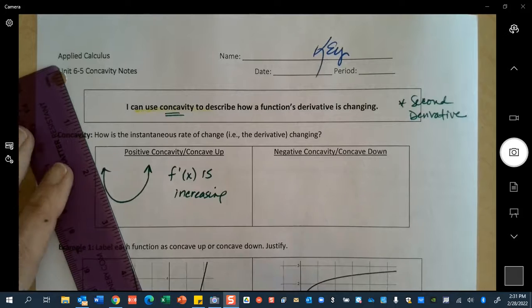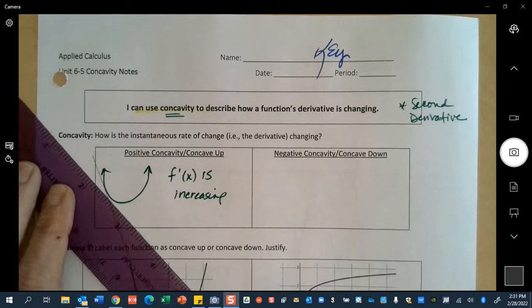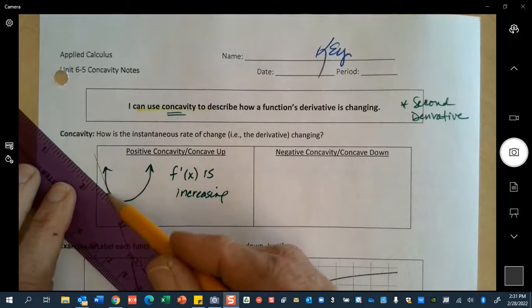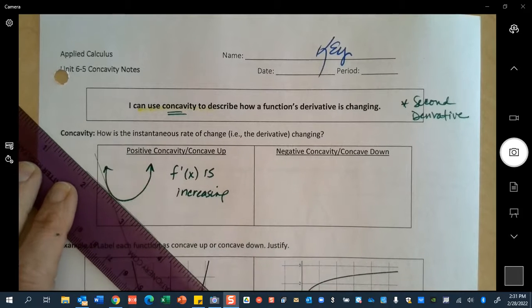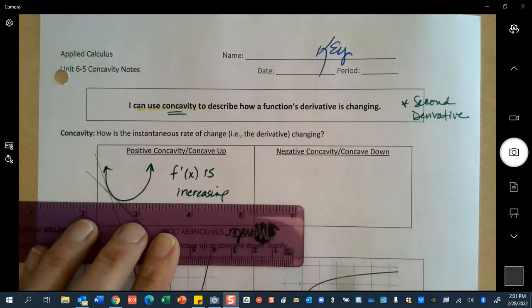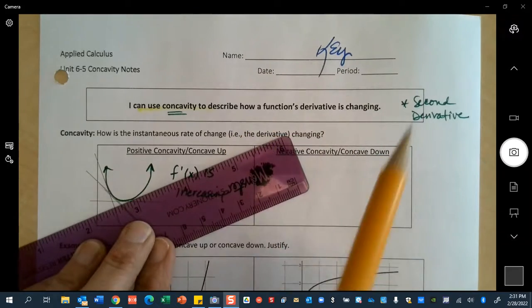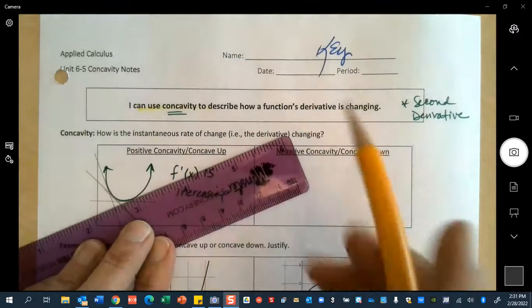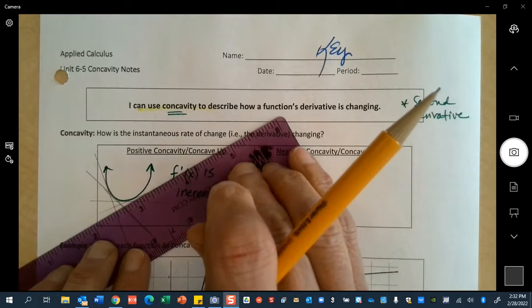Because if you look here, my derivative is very negative. Here, my derivative is still negative, but less negative because it's not as steep. Here, my derivative is 0. Here, my derivative is positive and kind of flat.